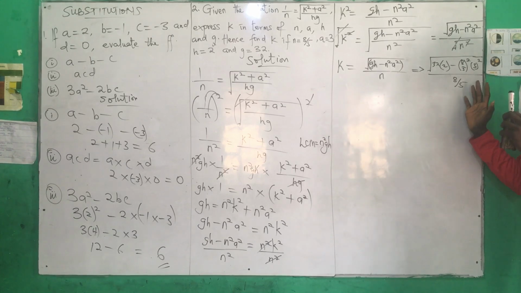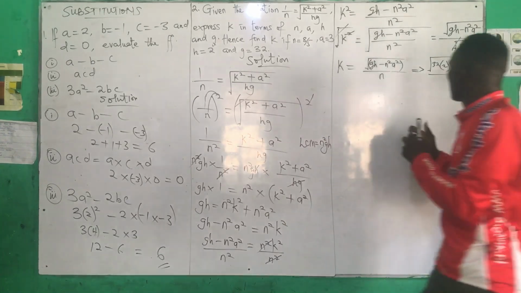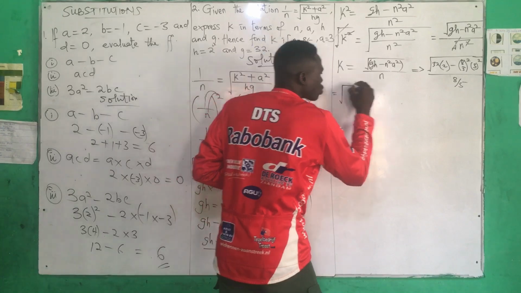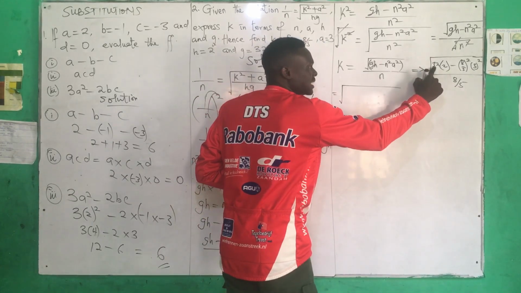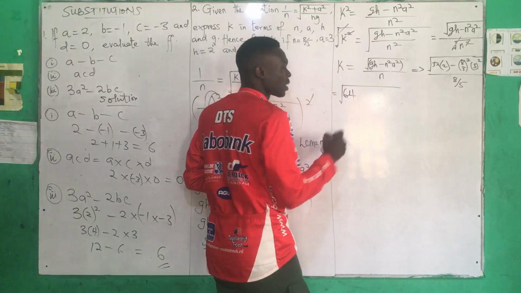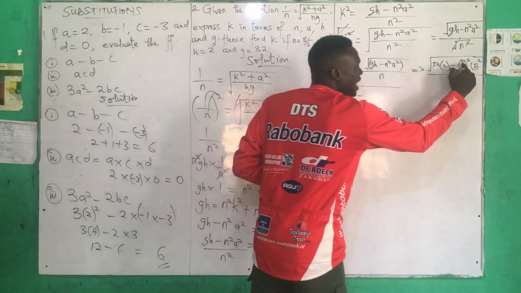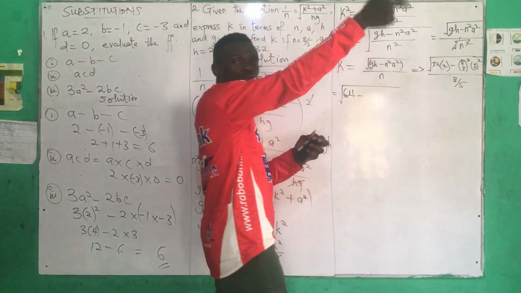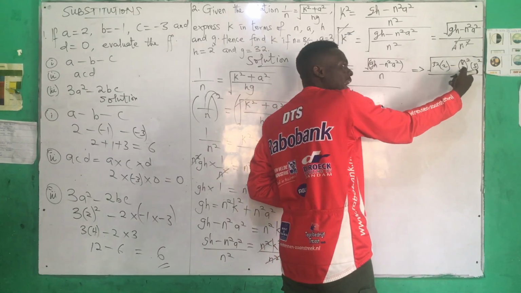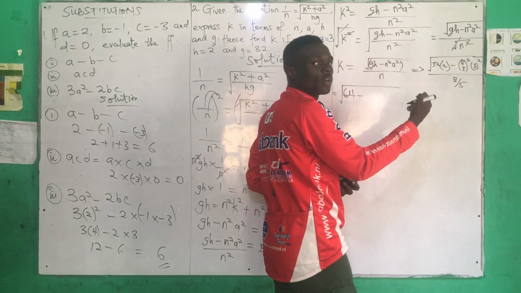Now let's take our time and solve the numerator. Now when you solve the numerator, we are going to have the square root of 32 times 2, which is 64, minus 8 over 5 squared. The square is for 8 and the square is for 5.